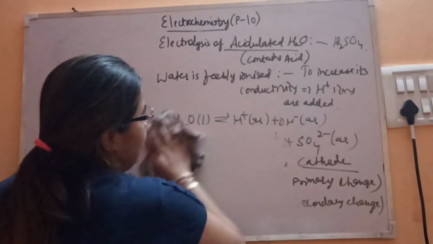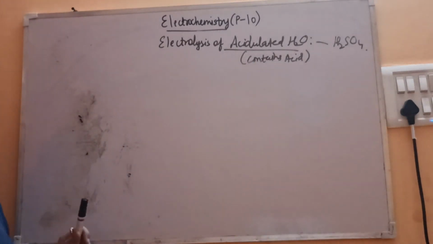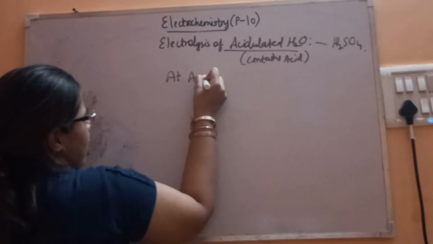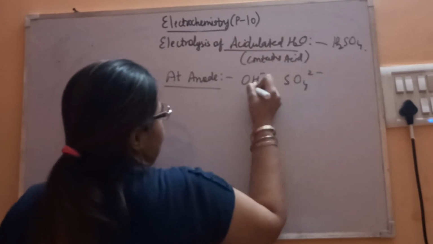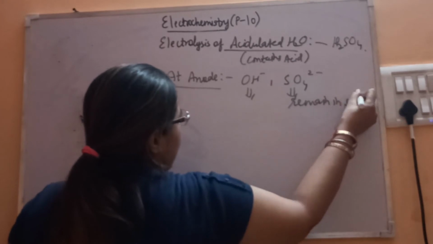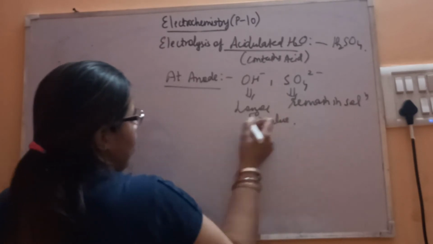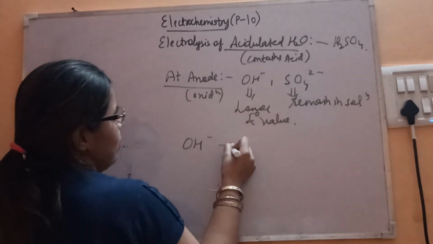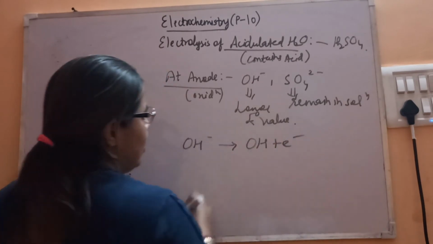Anode. So let's see. At anode, OH minus ion is there and sulfate ion is there. So this will remain in solution. And this is having lower E naught value. So OH minus ion, anode is what? Oxidation. So it will lose its electron and form simple OH.